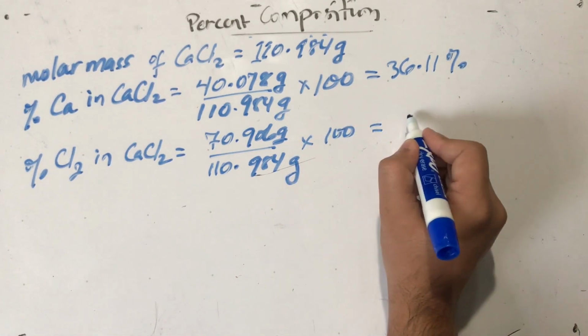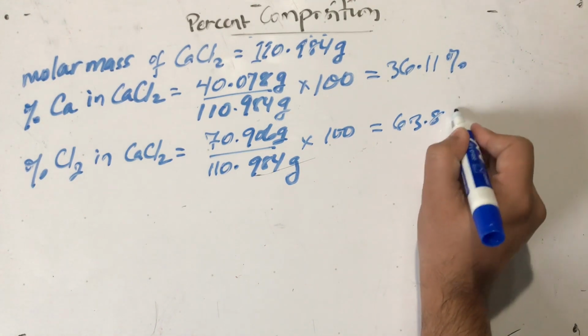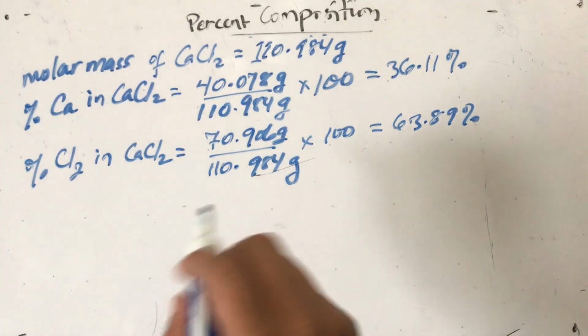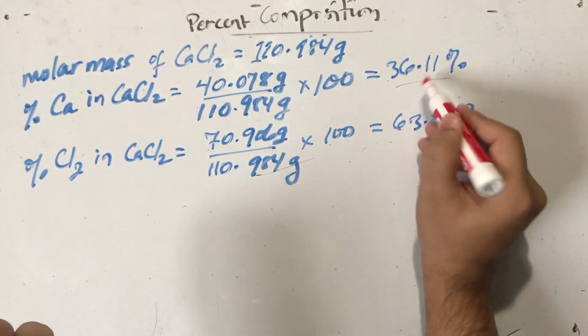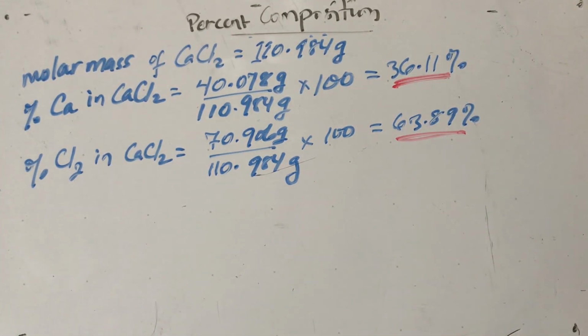That should give you about 63.89%. That's the contribution from each of these ions to this compound. So the calcium contribution is about 36.11%, and the chloride contribution is about 63.89%.